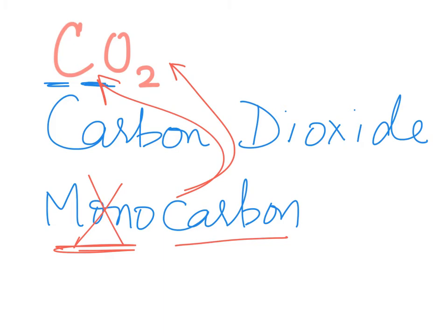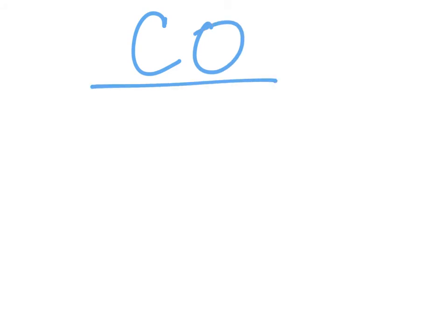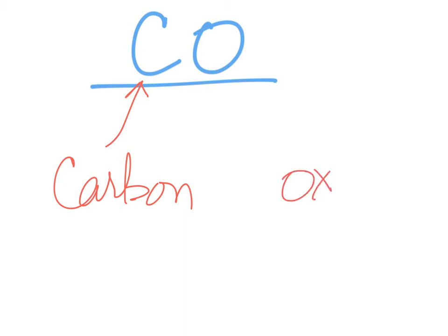But if there is a 1 on the second one, then we do. So an example of that, for example, CO. In this case, the way we do it, this is carbon, so we simply say carbon. And in this case, we say oxide. But again, we see how many do we have here? It's only 1.